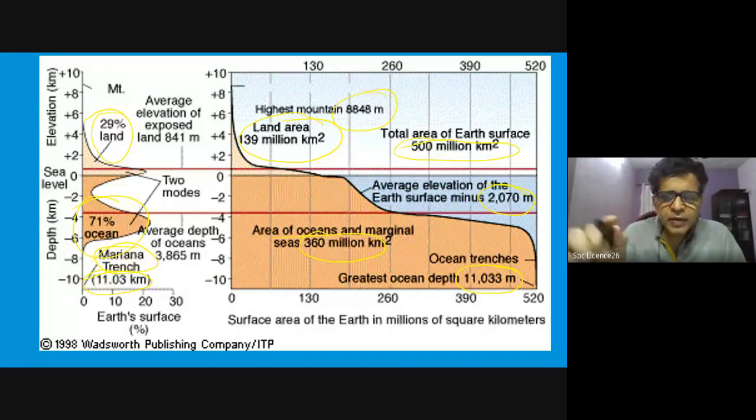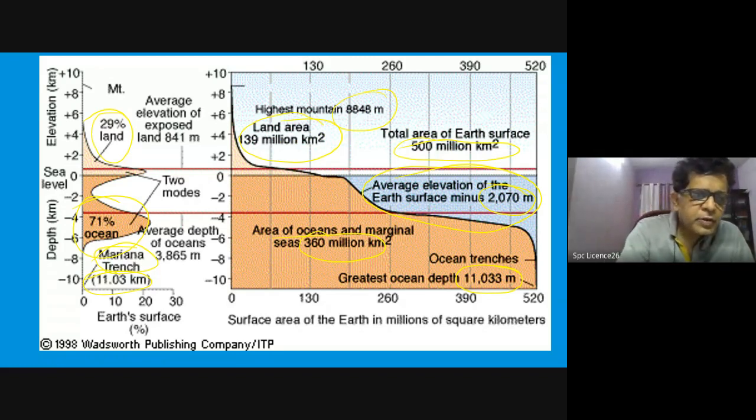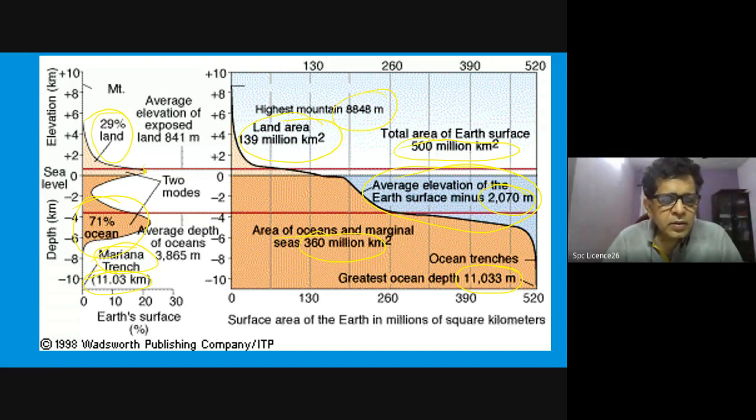Okay, and while we have said that the average of the Earth's surface total is this, you'll see that the average of water and land individually would be different. You'll see that this point is just above the mean sea level, some say 500, 600 meters above the mean sea level.